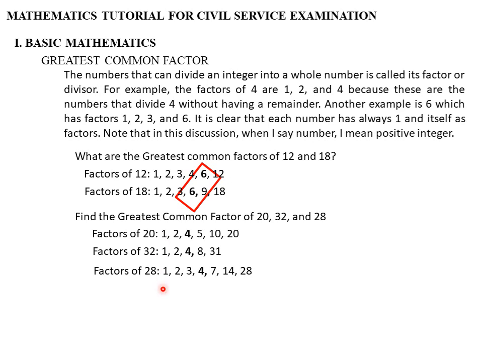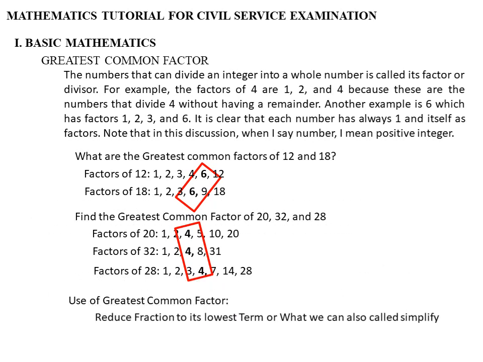They have common factors of 1, 2, and 4. So the highest common factor is 4. Okay. So what is the usage of the greatest common factor? The use of the greatest common factor is to reduce a fraction to its lowest term, or what we can also call simplify. This topic will also be discussed in our future topics.